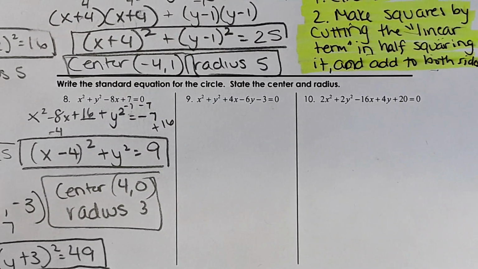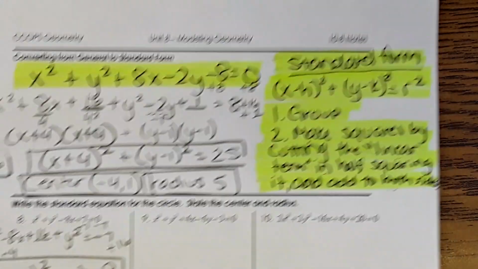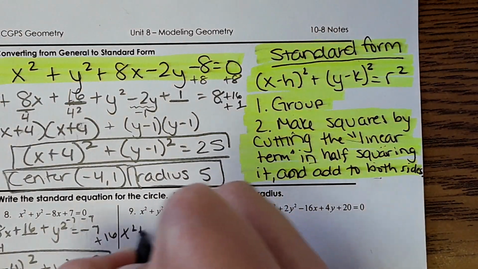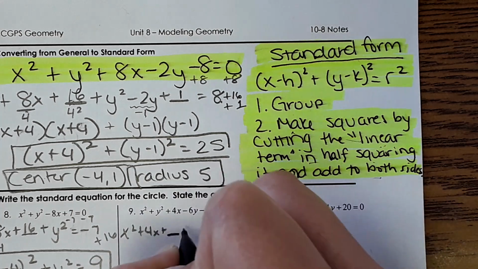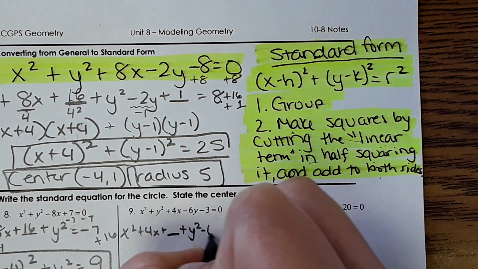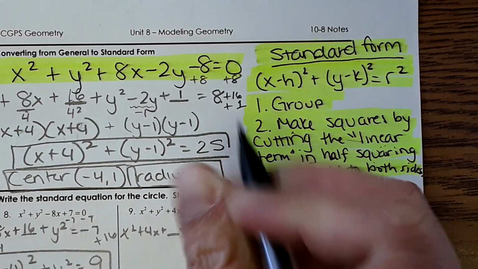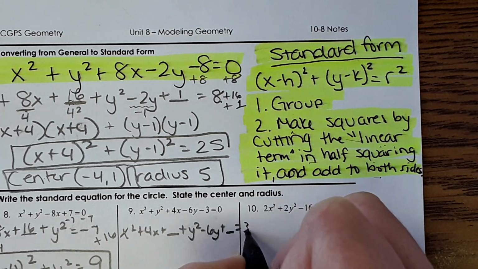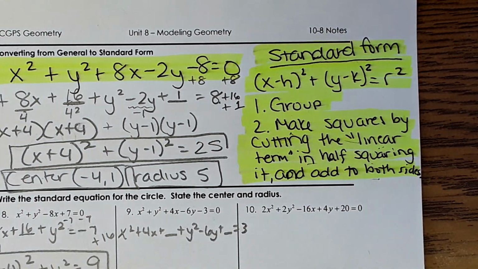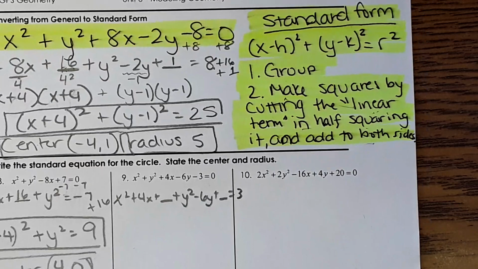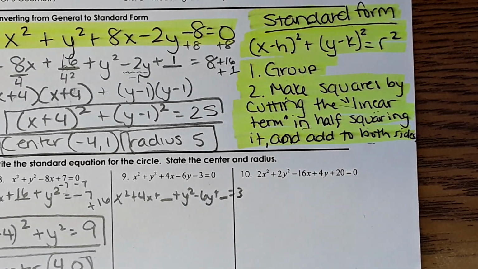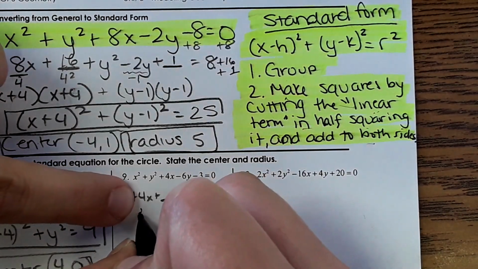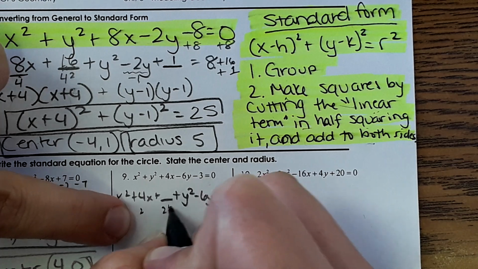Okay, number 9. Okay, same process again. Grouping it. X squared plus 4x plus blank plus y squared minus 6y plus blank equals positive 3. Okay, divide 4 by 2 to get 2, and then square it. 2 squared is 4.